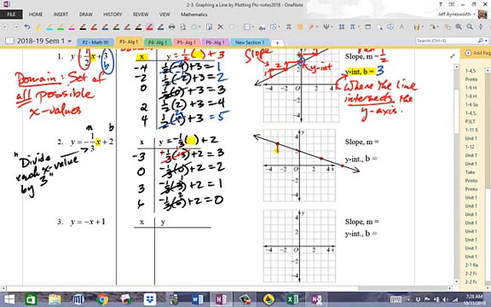You're going to go down 1, right 3, down 1, right 3, down 1, right 3. So you can see the slope is negative 1/3. That's rise over run. Okay, the y-intercept, you can see where it crosses the y-axis here at 2. So label the y-intercept on the graph and label it as 2 or 0, 2. Okay, and there you go. So you just pick an appropriate domain here.